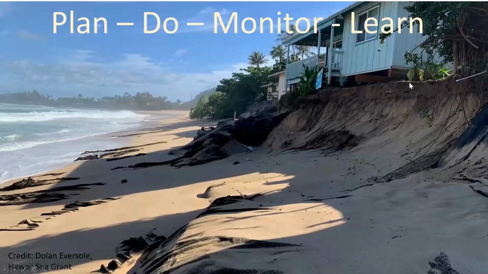So we need to understand this in action, right? This plan, do, monitor, and learn. And we've seen some of those monitoring efforts that Dr. Falinski highlighted, right? So if we have statewide citizen science monitoring in place, we can hopefully incorporate that into the policy making process for this adaptive management framework, right?